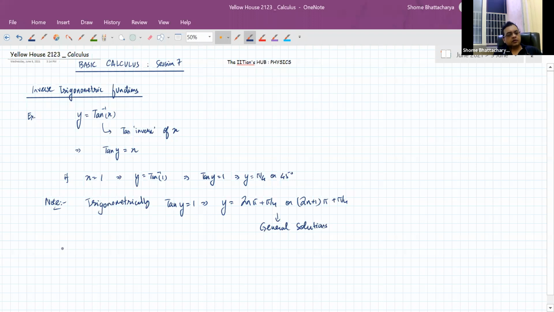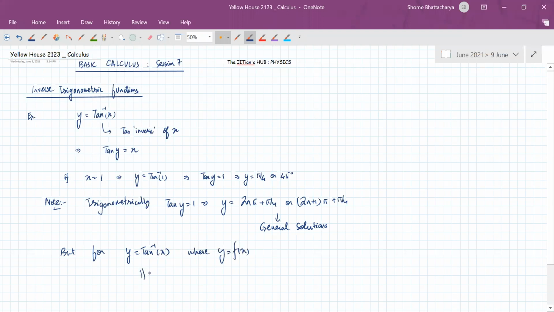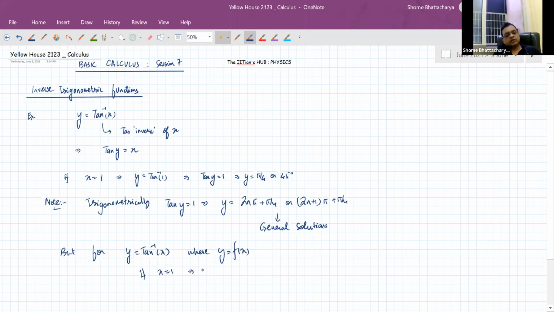Okay, but for y equal to tan inverse x, where y is expressed as a function of x, if x is equal to 1, then y will be considered to be only pi by 4. That is only the primary solution.